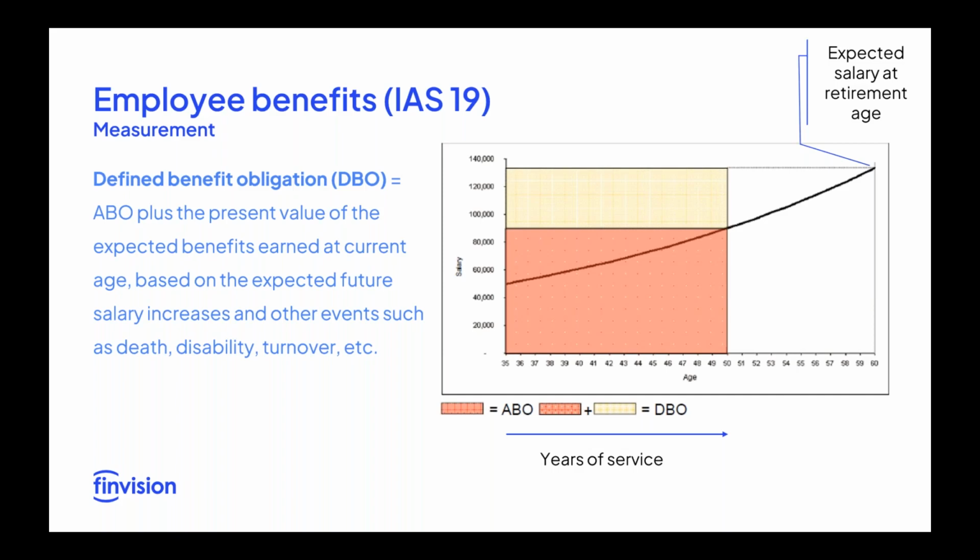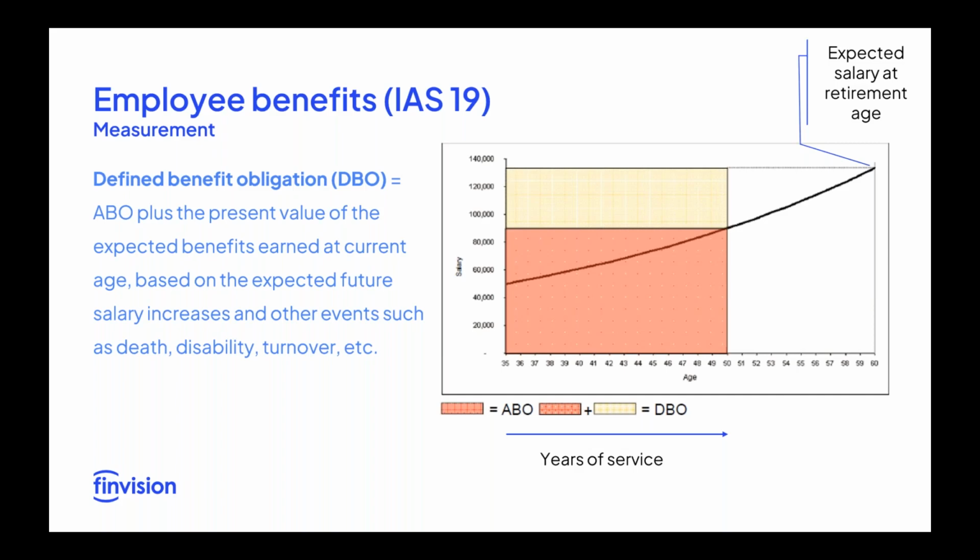So in this example here, very simple, the person would receive a lump sum amount which is based on the salary at retirement age. So you see the black graph, the line going up to 60 years. In that case, in the simple example, the retirement age is 60.